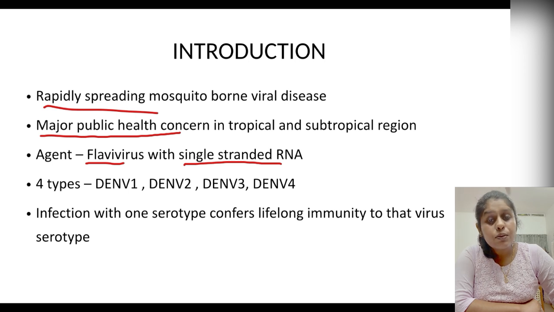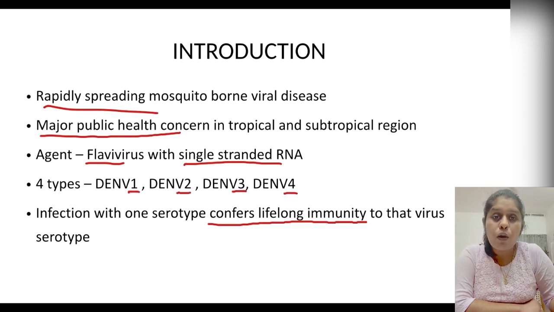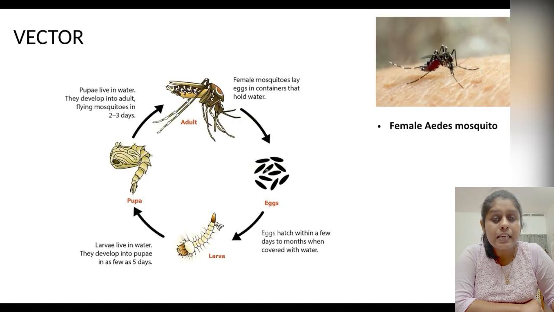One thing we need to know is that infection with one serotype will confer lifelong immunity to that serotype. So it means that if a person is affected with one serotype, that person is not going to get dengue infection with that same serotype again in their lifetime. However, because there are three other serotypes, a person can get a secondary dengue infection.